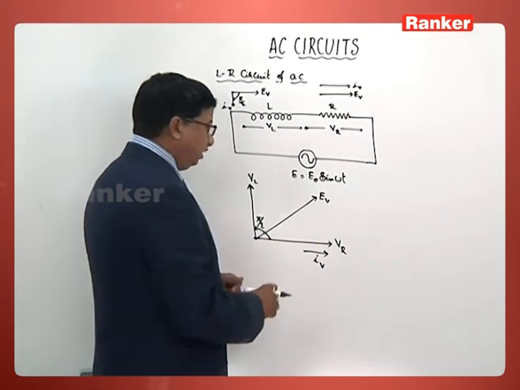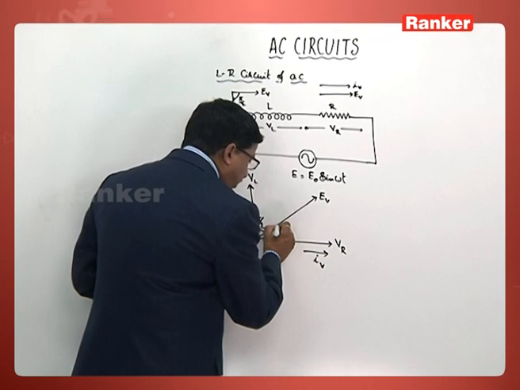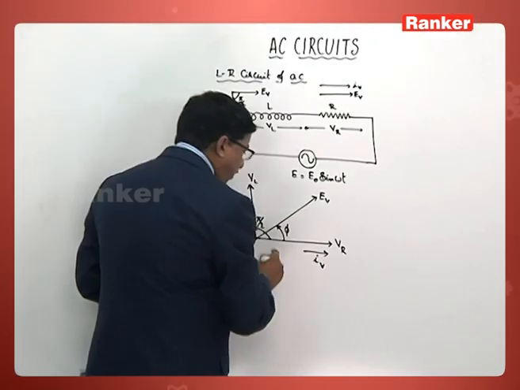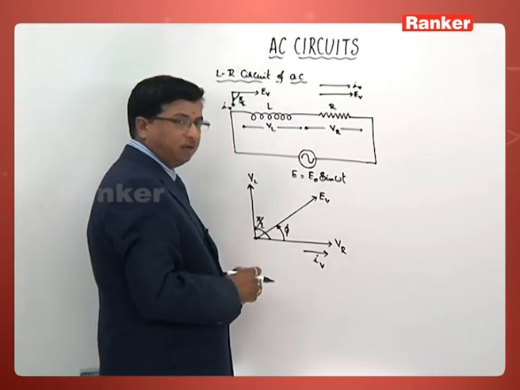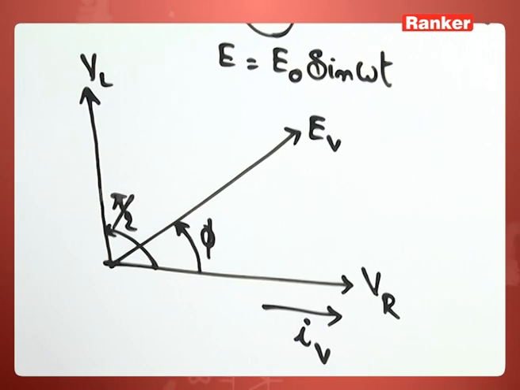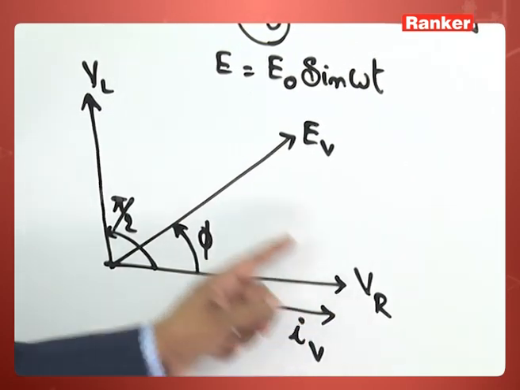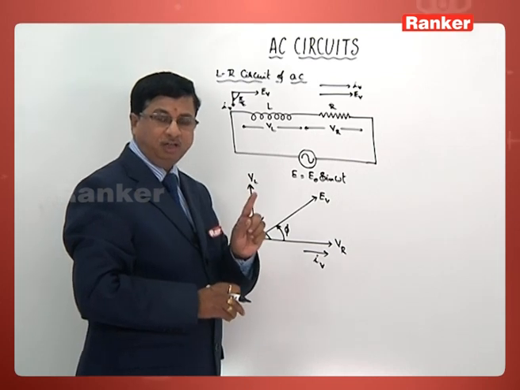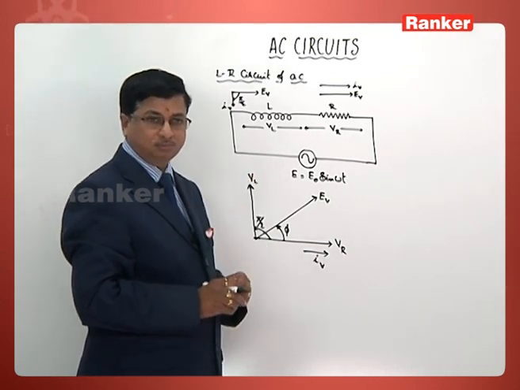If we consider this EV is making an angle, say phi, with the direction of VR, then how do we calculate this value of EV in terms of these two voltages? That is one area we have to concentrate on.